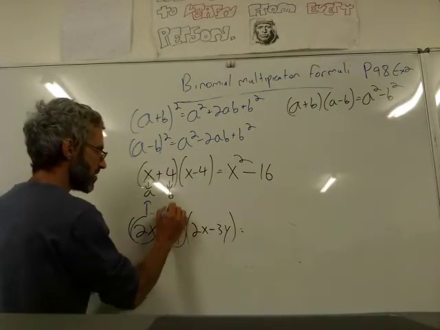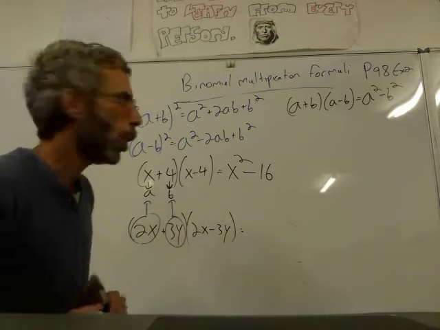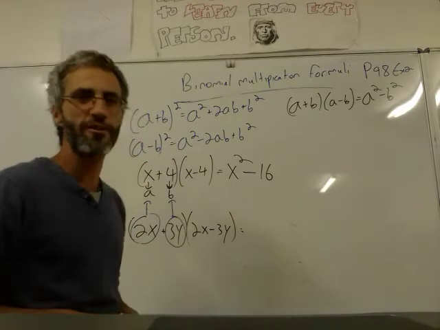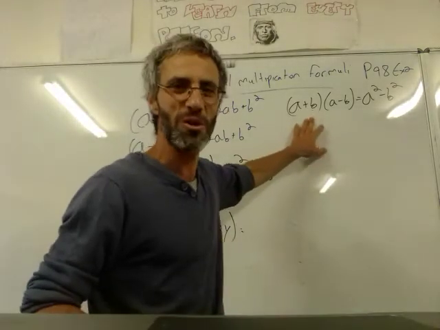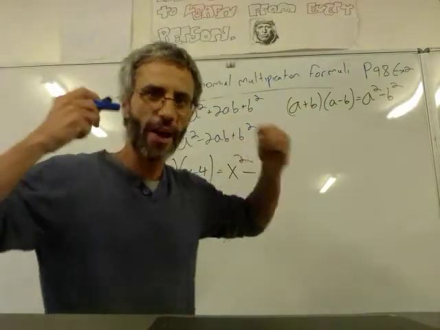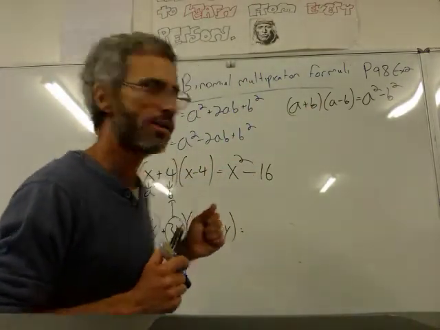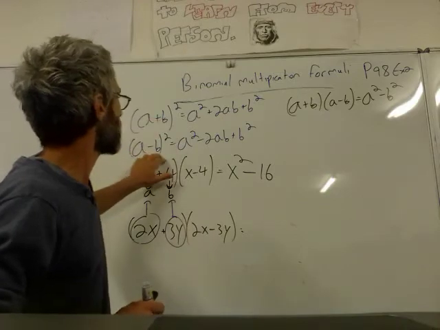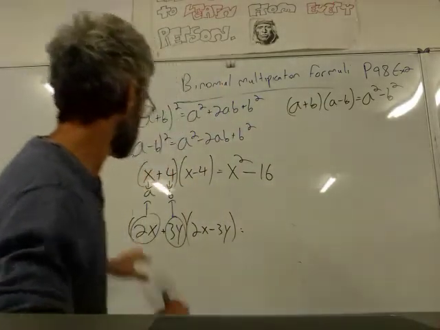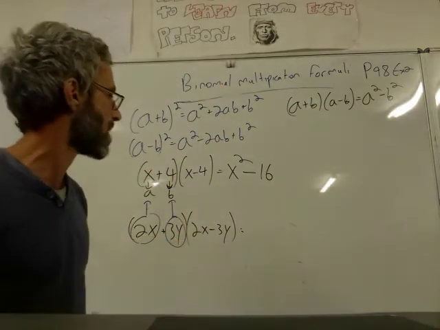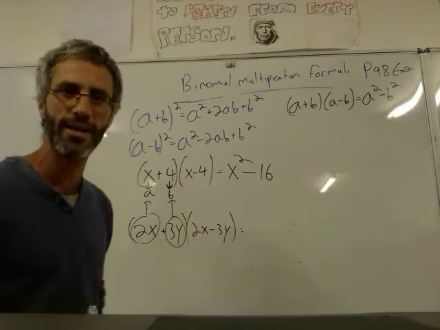Which one is the B, that's the B, 3y. Which formula does it fit? Obviously, in this lesson, we work on this formula, but you're always going to have to choose which formula it fits. Is it a plus b, a minus b squared, or a plus b times a minus b? It's clearly a plus b times a minus b, because I've got plus here and I've got minus there.